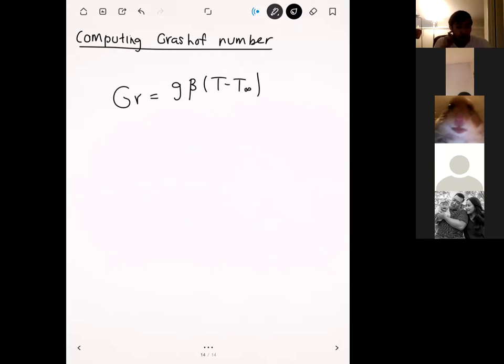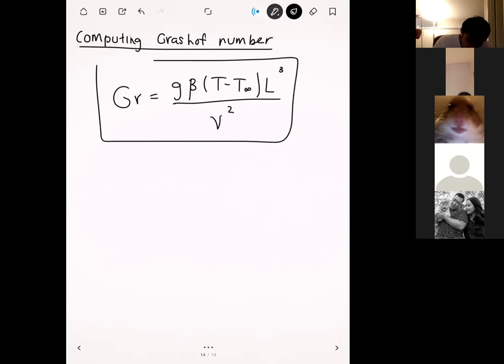Then we multiply it by the difference in temperature between our surface and the free fluid, so this can be T minus T infinity, times L cubed, divided by kinematic viscosity squared. And that's how you determine the Grashof number.